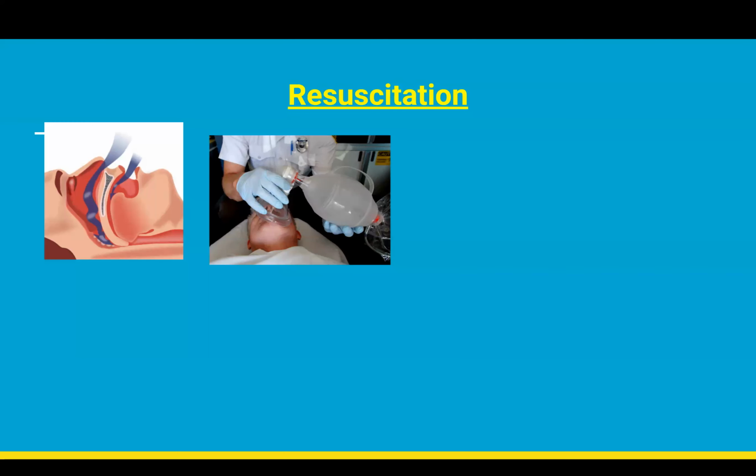Why is that? Because they are dependent on their low CO2. So in those particular patients, we need to always pay attention that we need to continue to hyperventilate them before we intubate them. We want to keep those CO2 levels as low as possible. And a nice tip is, see what their baseline respiratory rate is at the time.